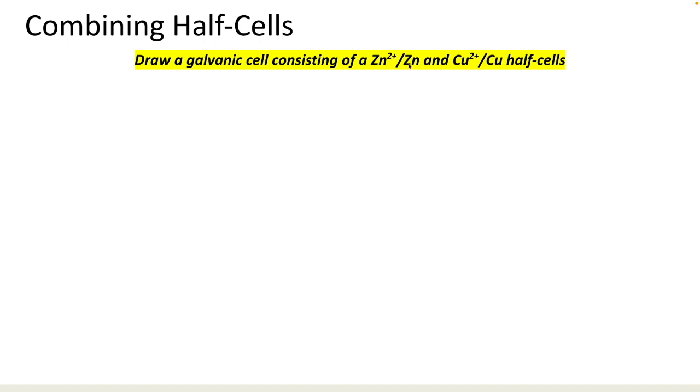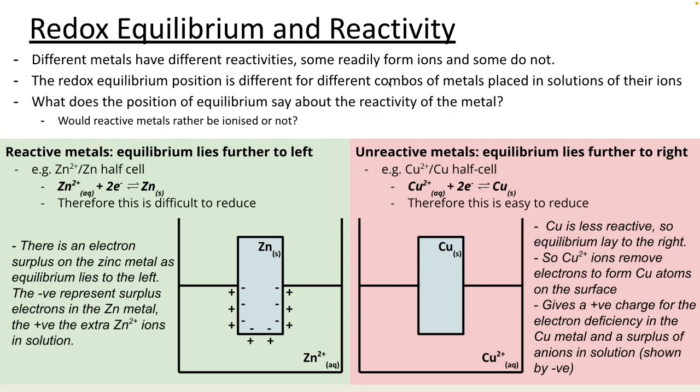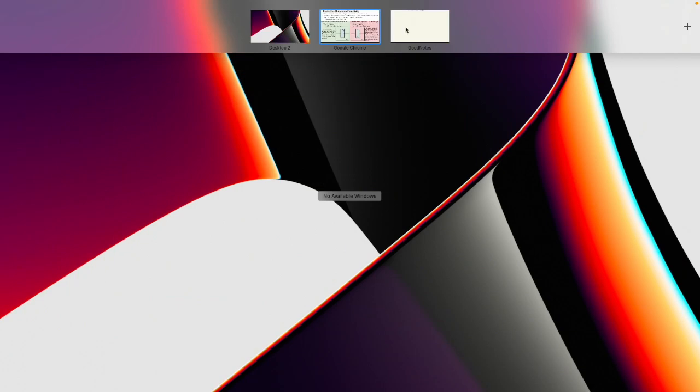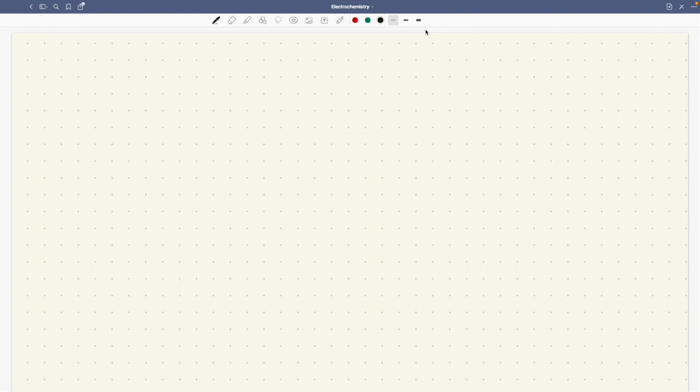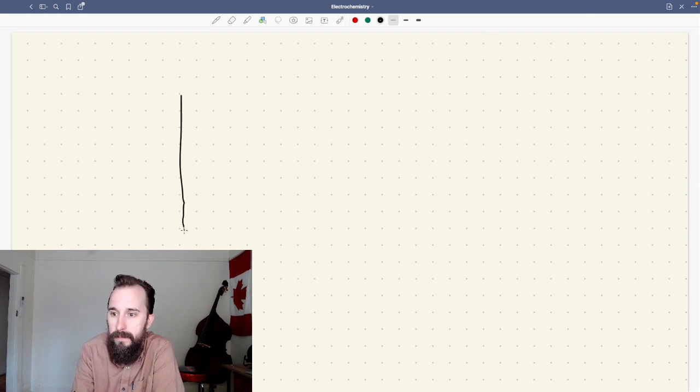Let's draw a galvanic cell consisting of the two that we just looked at, this zinc and copper half cells. So when we draw them, and we will be drawing plenty of these, we want to draw a half cell like that.